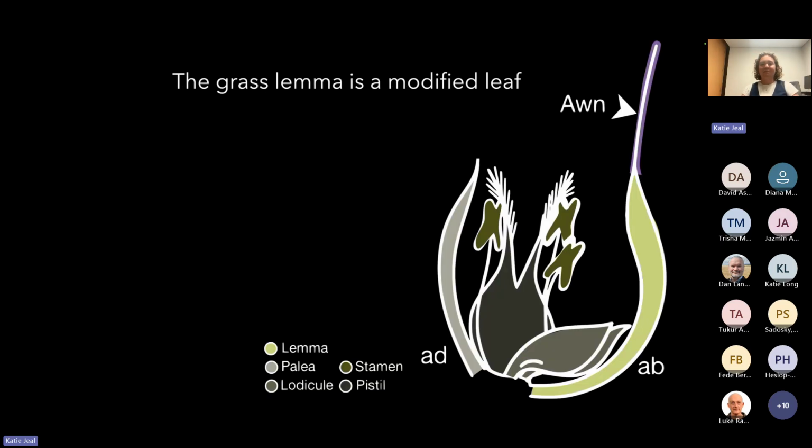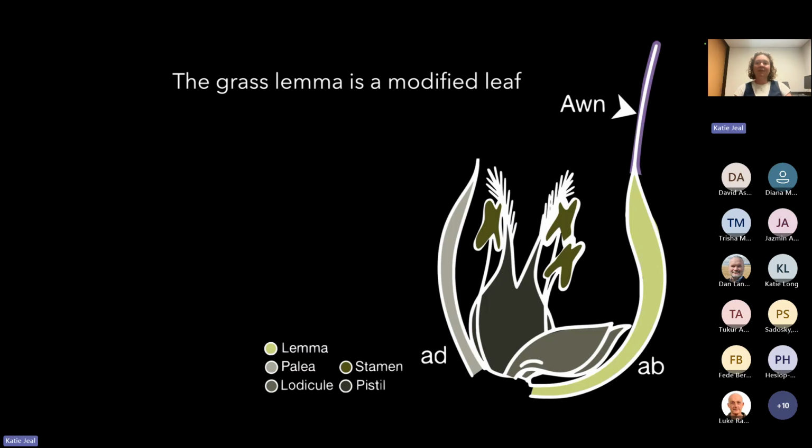So the modified leaf that our lab is interested in is the grass lemma. The lemma is a protective leaf-derived bract that encapsulates the grass flower and comprises two main parts: the lemma body, which encloses the reproductive organs, and the awn, which is an elongation from the lemma body.